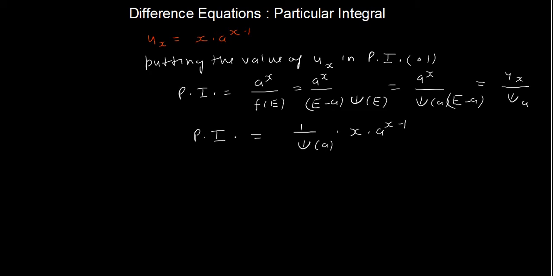So this one is a particular integral of type a to the power x upon f of e, equal a to the power x upon phi(e) minus a, equal 1 upon phi(a) into x into a to the power x minus 1.